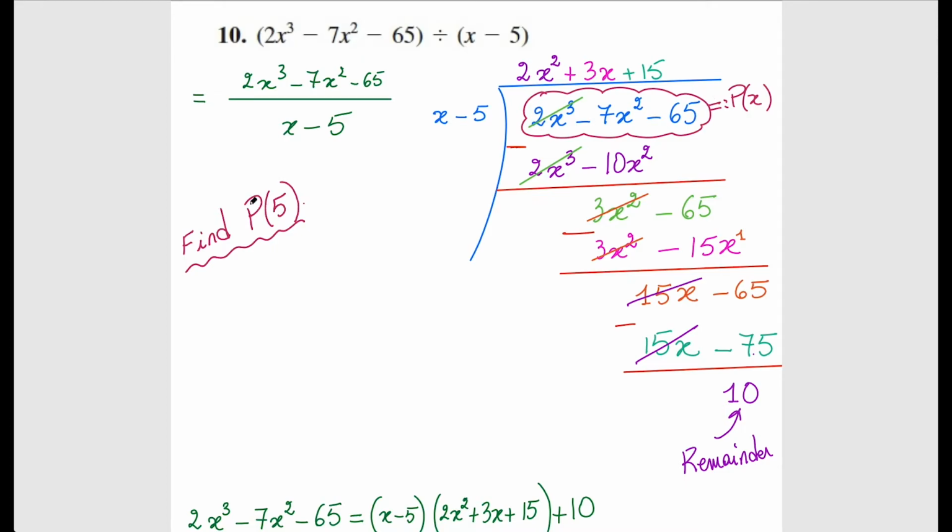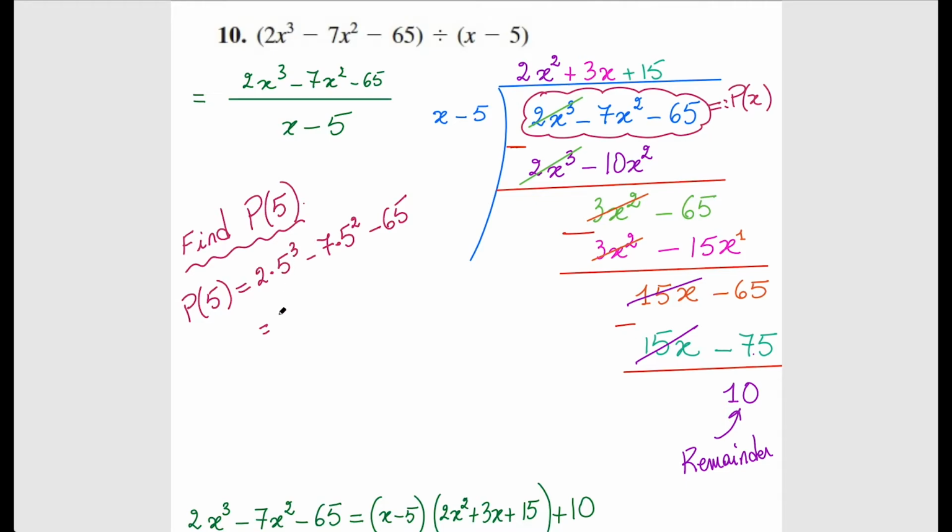So P of x is this much. I want to evaluate P at 5. So instead of x, the input is going to be 5, right? So P of 5 is going to be 2 times 5 cubed minus 7 times 5 squared minus 65. Correct?